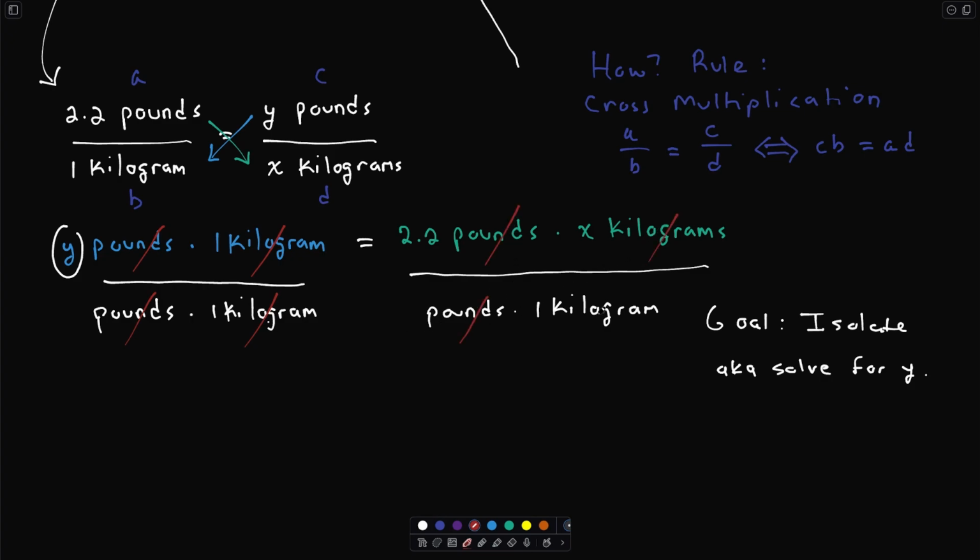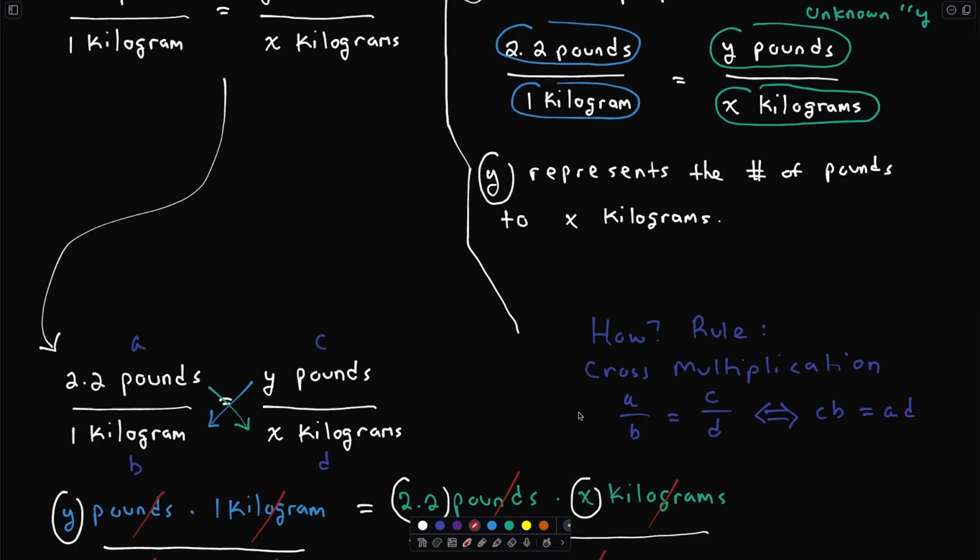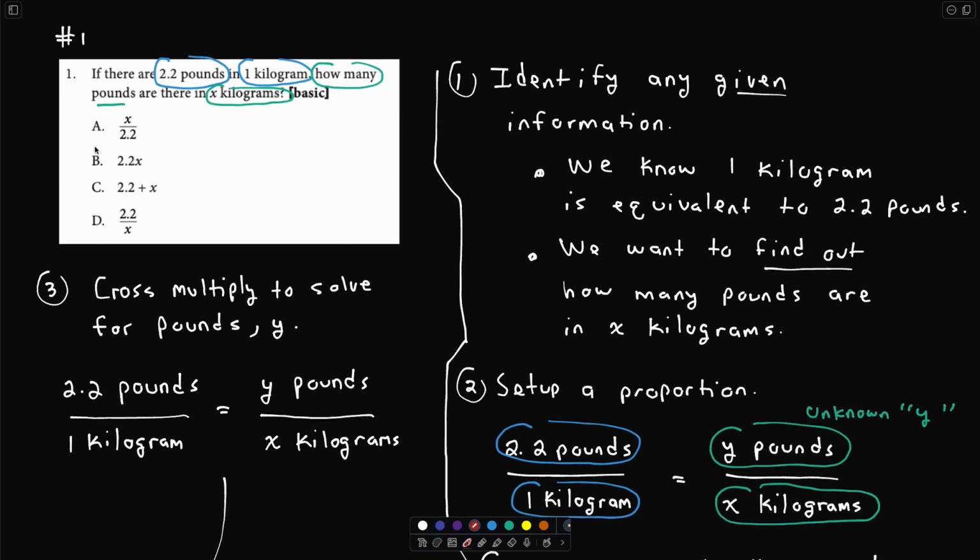And they simplify on this side as well. This leaves me with Y is equal to 2.2 times X. And I believe that is our final answer. Let's double check to make sure. And there is a 2.2 times X.